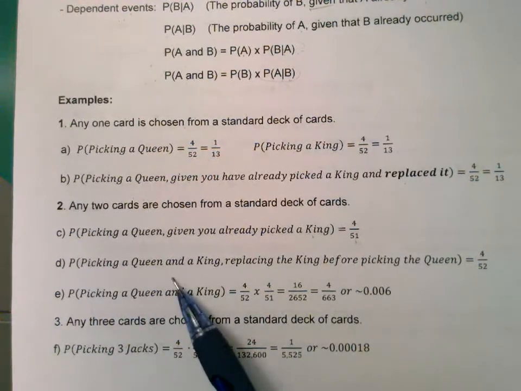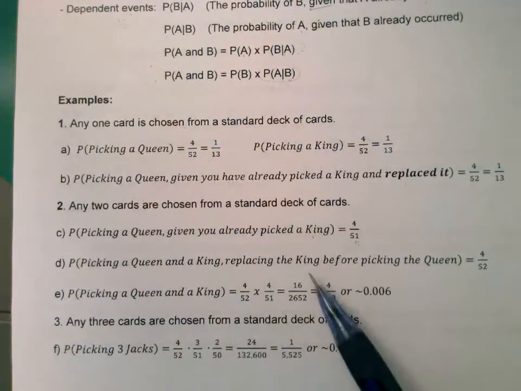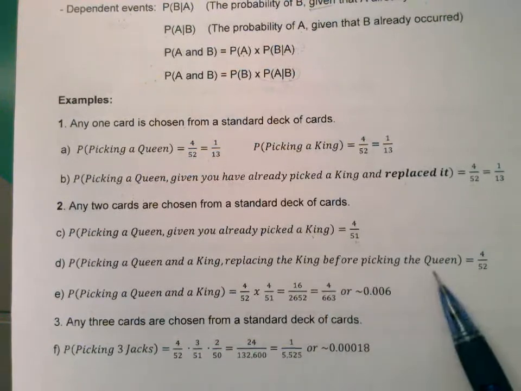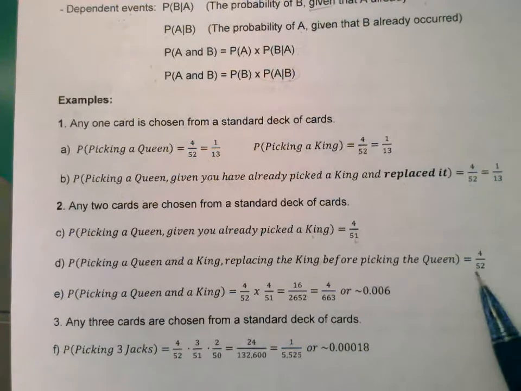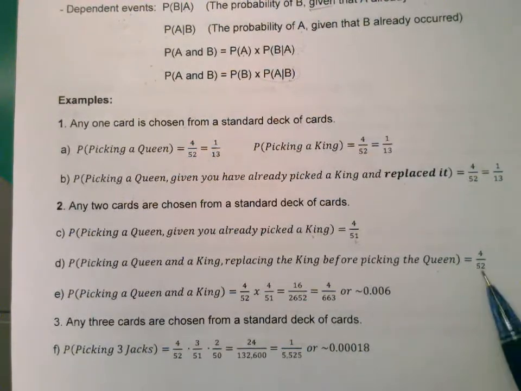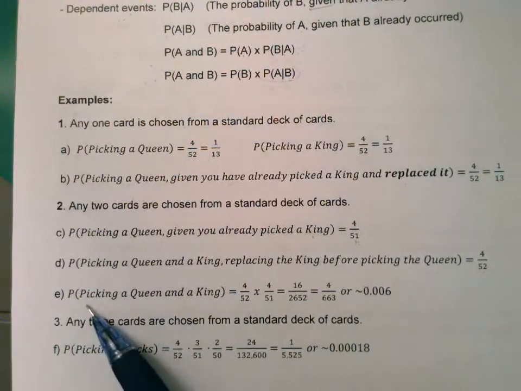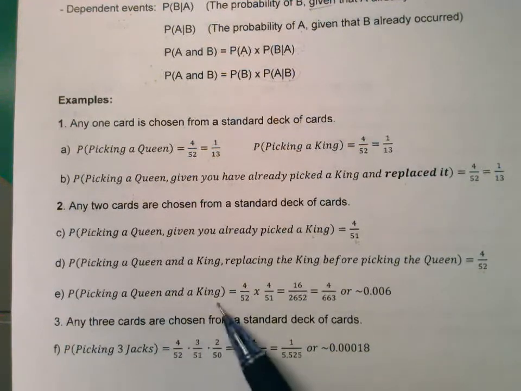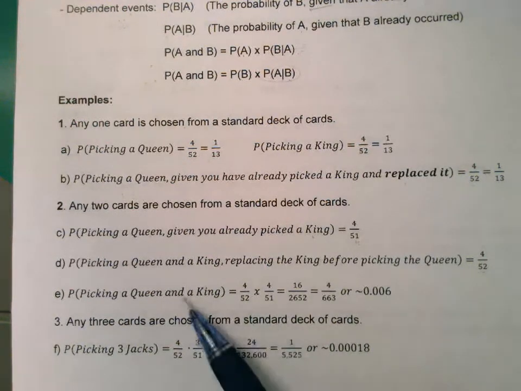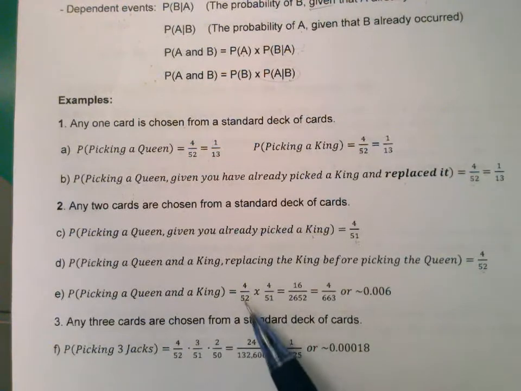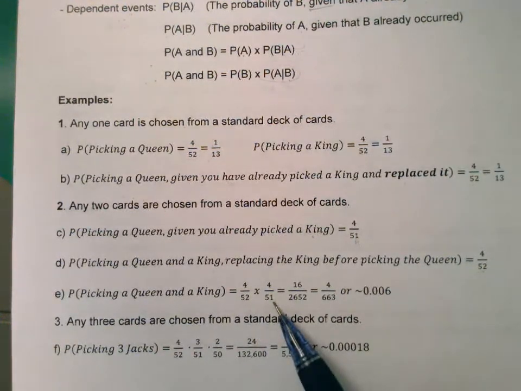Picking a queen and a king, replacing the king before picking the queen. So we put it back, so this is the same as the earlier one. Watch the wording. Picking a queen and a king: the probability of picking a queen, and then assuming we picked a queen, we then pick a king out of a deck that already had a queen missing.